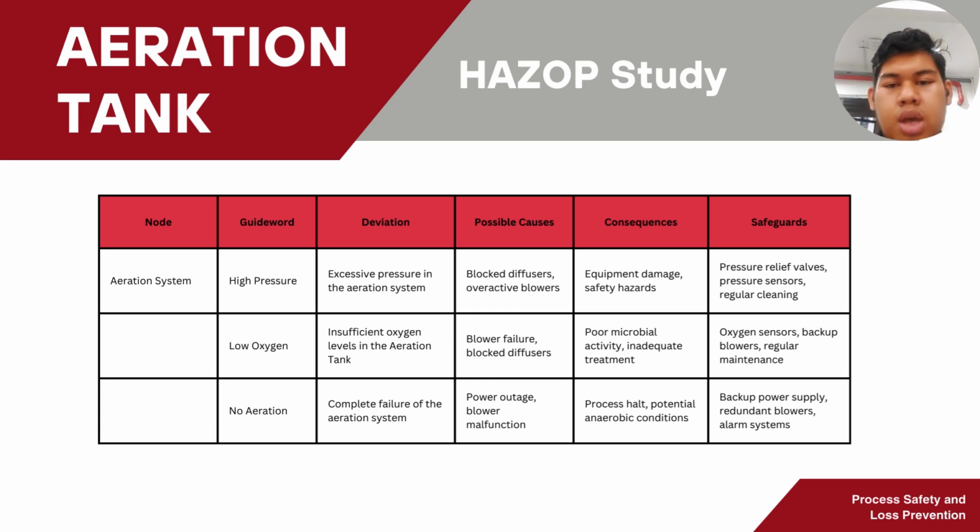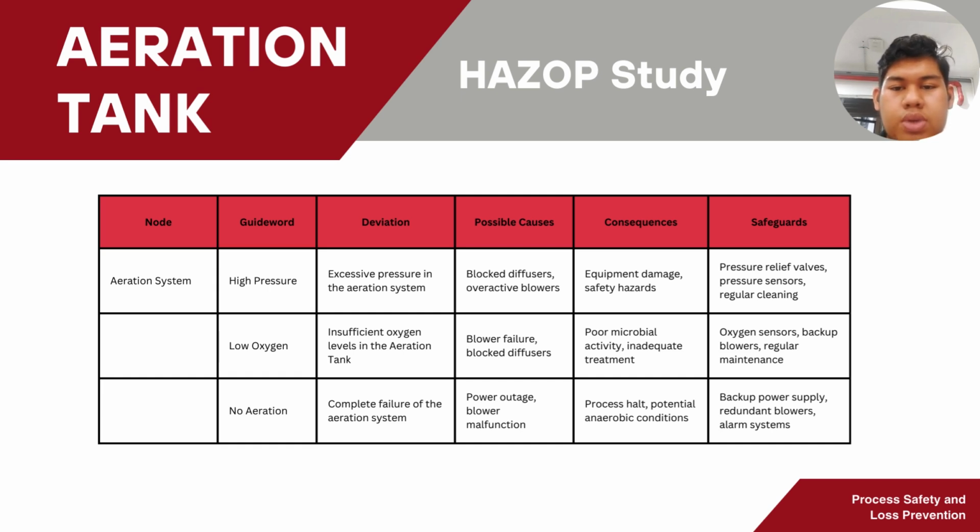The second guide word is low oxygen. The deviation is insufficient oxygen levels in the aeration tank. The possible causes are blower failure and blocked diffuser. The consequences are poor microbial activity and inadequate treatment. The safeguards are an oxygen sensor, backup blowers, and regular maintenance.